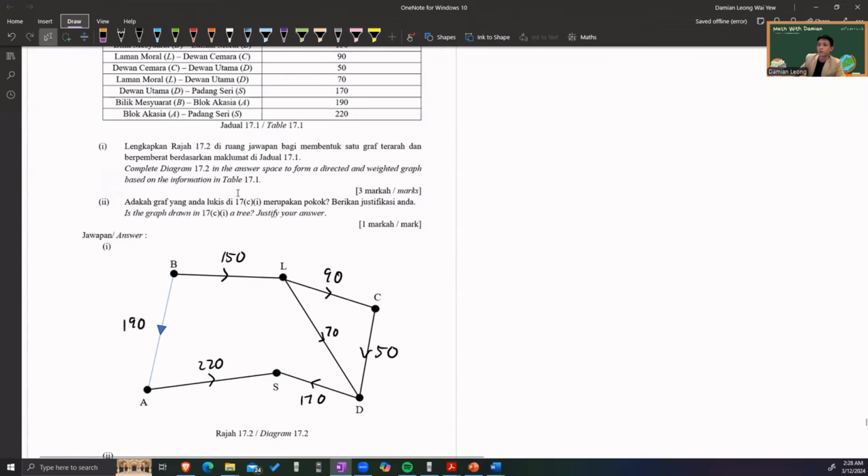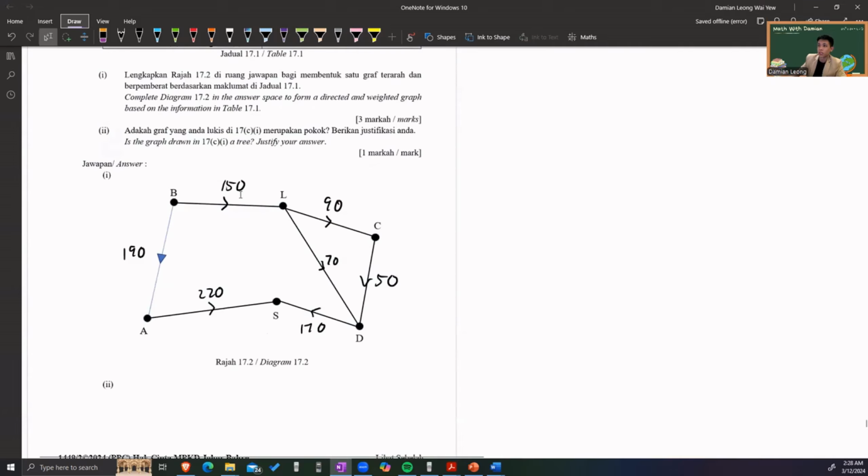So is the graph drawn a tree? Okay. So obviously it's not. No. Because I can say L, C, and D forms a loop. Yeah.